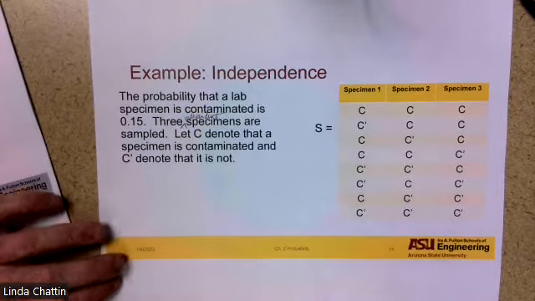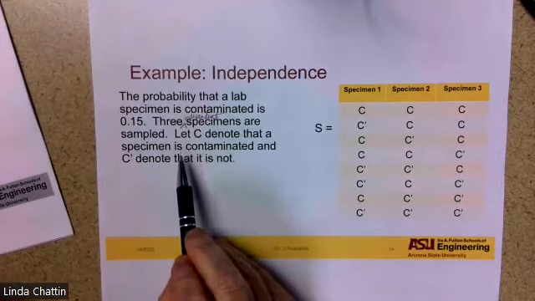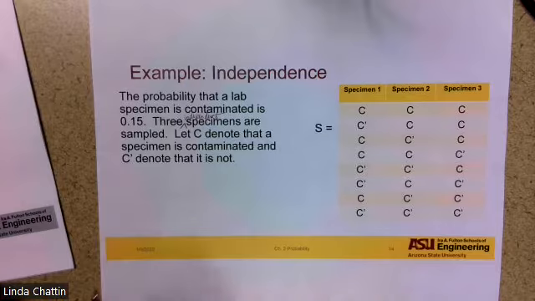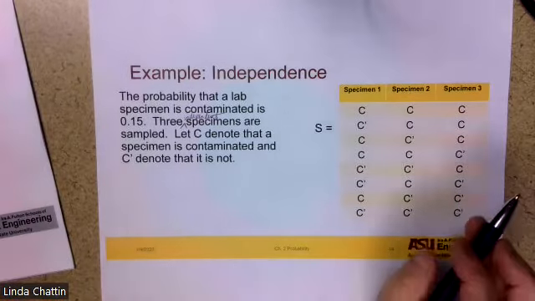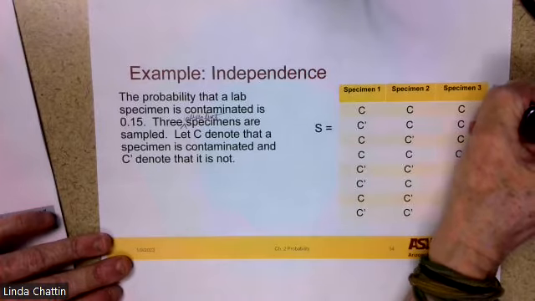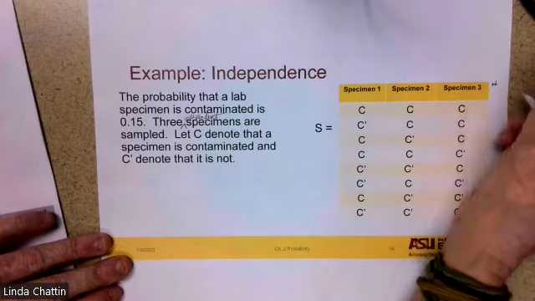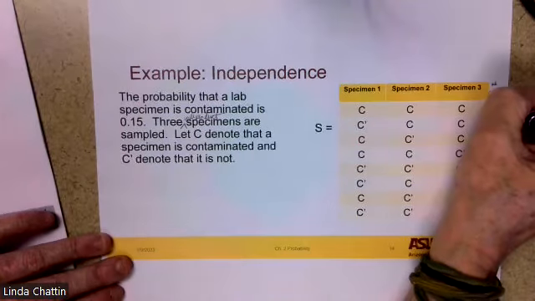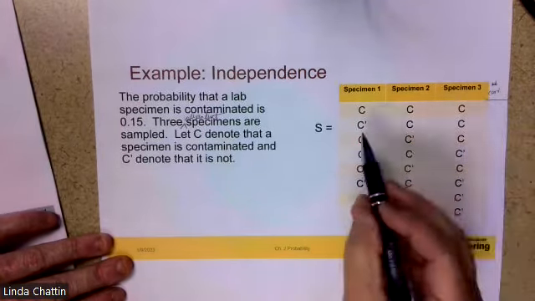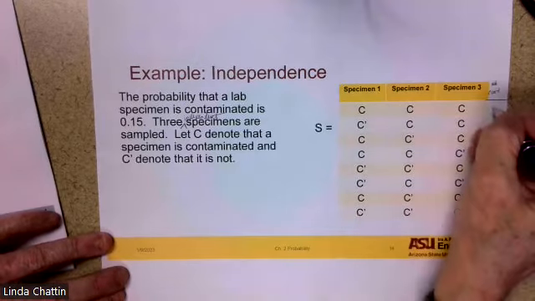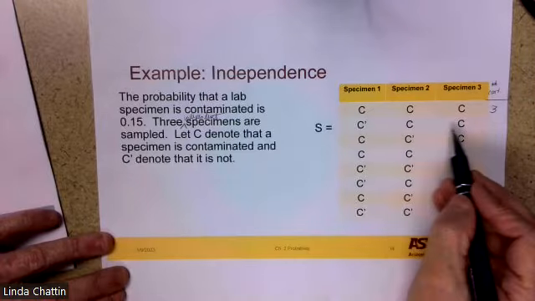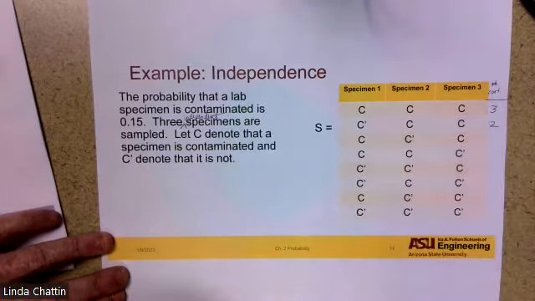So I'm going to let C be the event that it's contaminated and C prime be that it is not. It's either contaminated or it isn't. So this is my sample space. Now, in this little spot here, I could write the number of samples that are contaminated. I would see that 3 of the 3 samples are contaminated. Here I have 2 of the samples that are contaminated.